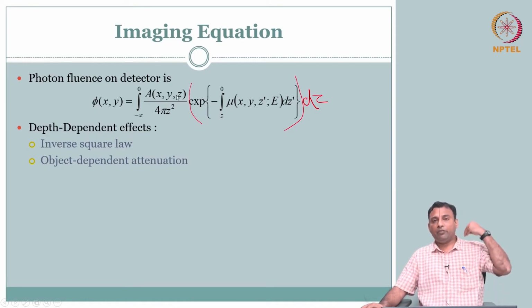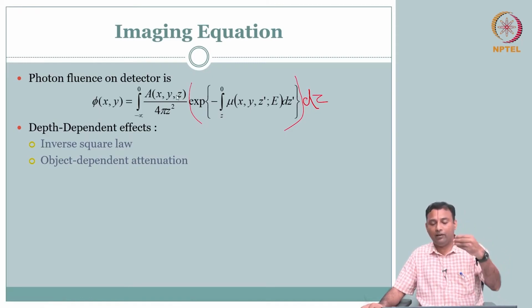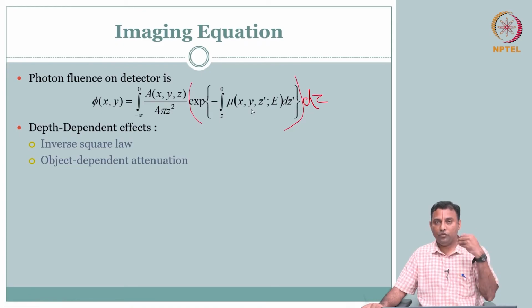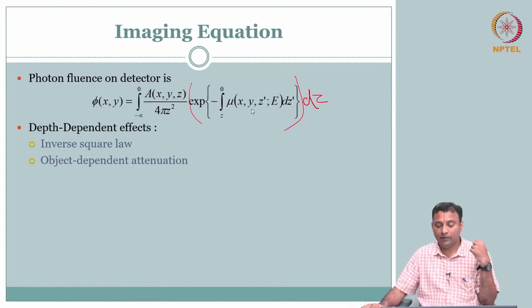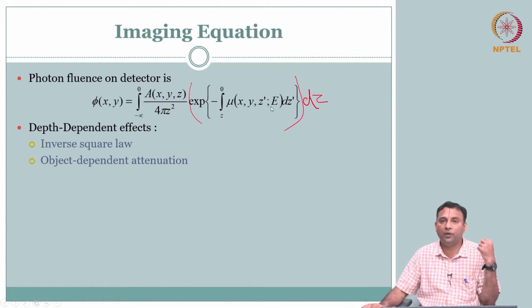So what is this depth saying? You have some activity in the front or back, which means it is going to travel through your mu. Depending on whether there is more material in front or back along the path, that is going to have an effect as well. This depth dependent effect is a straightforward one which we knew from before, the inverse square law.